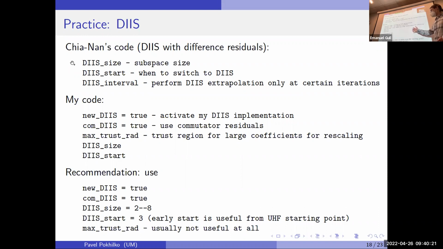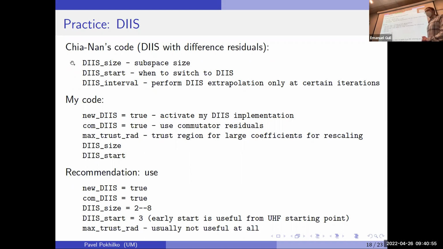And here are the recommended settings. I don't recommend to go to a very big DIIS size. Usually, if you have a weakly correlated system, a small subspace size works very well, something about 3 to 4 vectors. If you go to very big subspace sizes, it can slow down a little bit because it will damp too much.